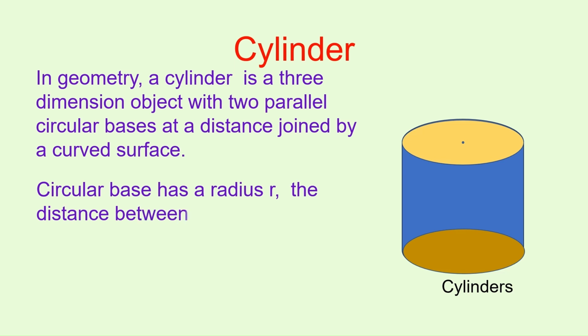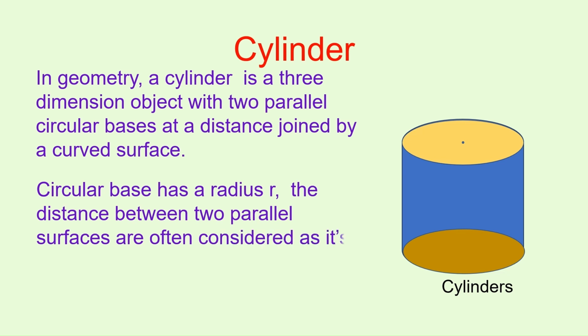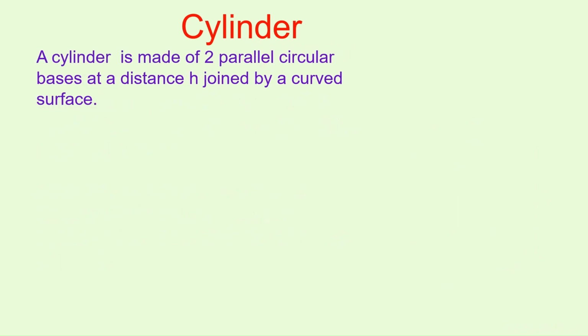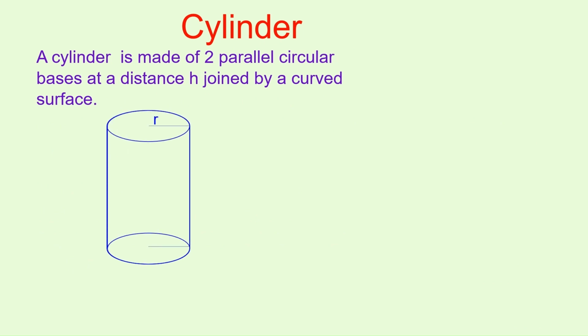Circular base has a radius r. The distance between the two parallel surfaces is often considered as its height h. Notice now how a cylinder is made of two parallel circular bases at a distance h, joined by a curved surface.